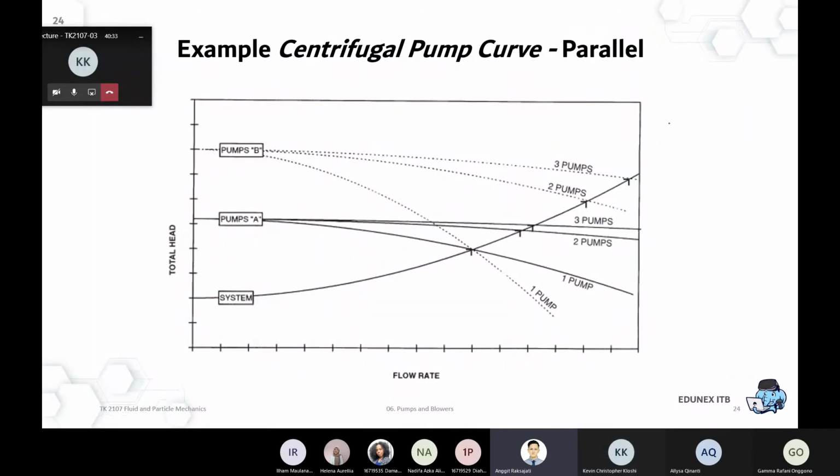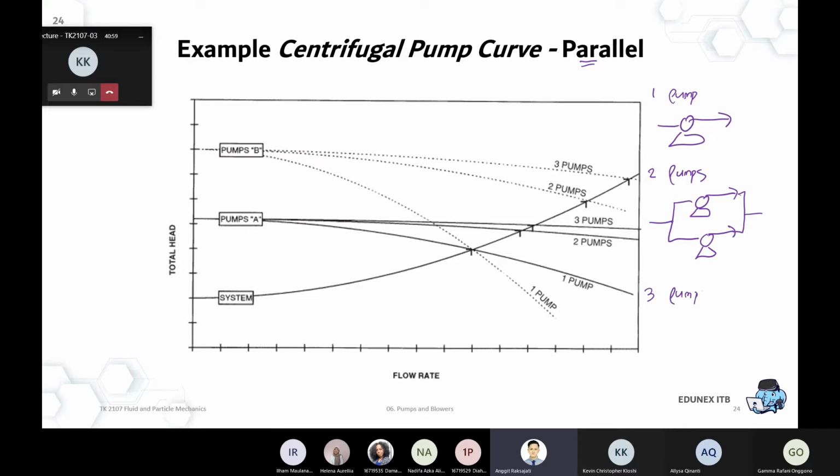Now, what happens if you have a parallel configuration? If you have 1 pump, that's very simple. Now, if you have two pumps in parallel, both in operation, it's not about operation and standby. All of them are operated.